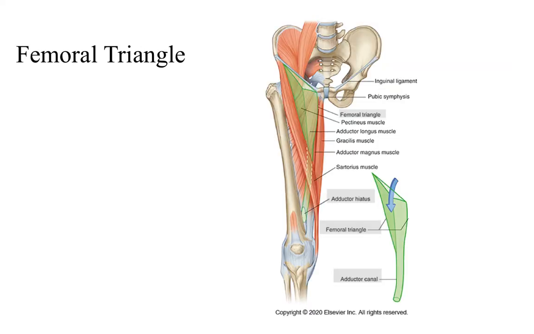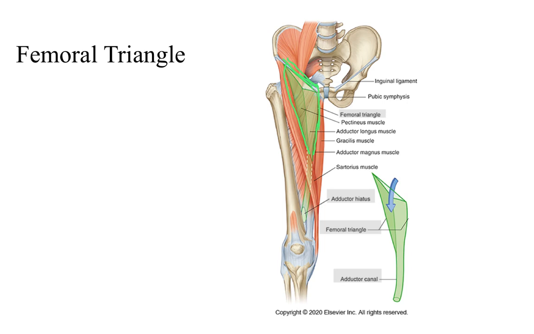So now we'll go a little bit deeper into that femoral triangle here. Remember, the femoral triangle is bordered superiorly by the inguinal ligament, medially by the gracilis muscle here, and then laterally by the sartorius.